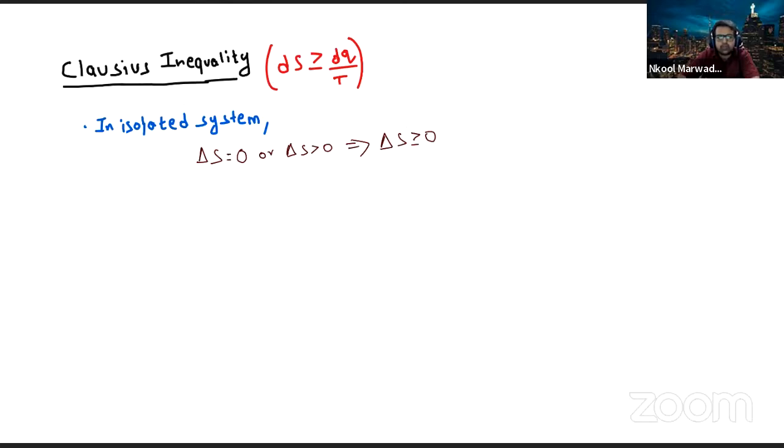From this, we can say that all natural processes which we see around us, naturally occurring processes, are spontaneous and irreversible.